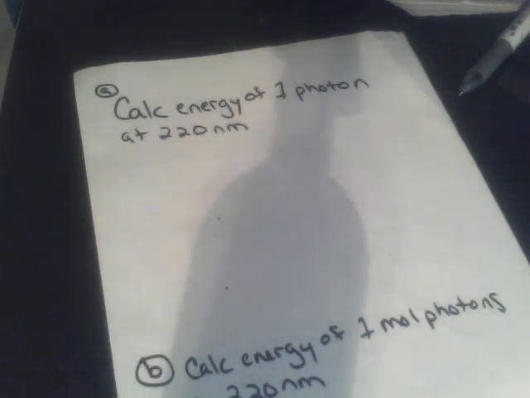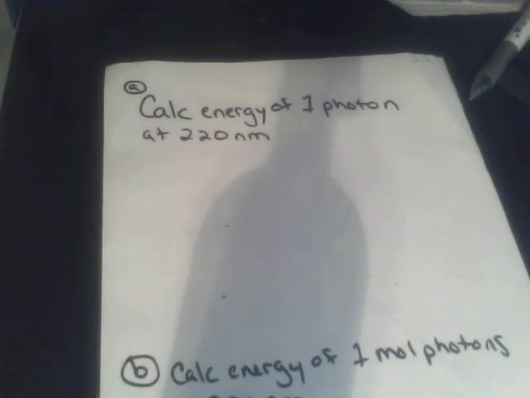So clearly, photons that are traveling at a smaller wavelength will have a larger energy, and if they have a longer wavelength, like our radio wavelengths that we did for the other problem, they will have a smaller amount of energy. So let's go ahead and do the first part here, where we calculate the energy of a photon that's traveling with a wavelength of 220 nanometers.